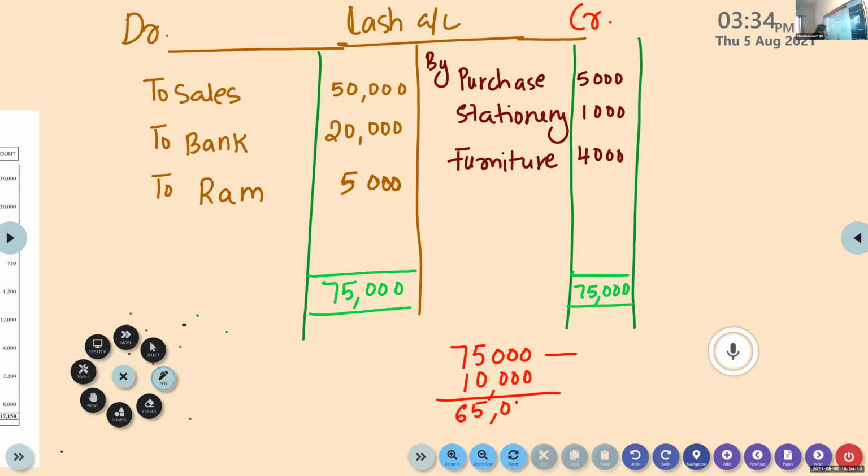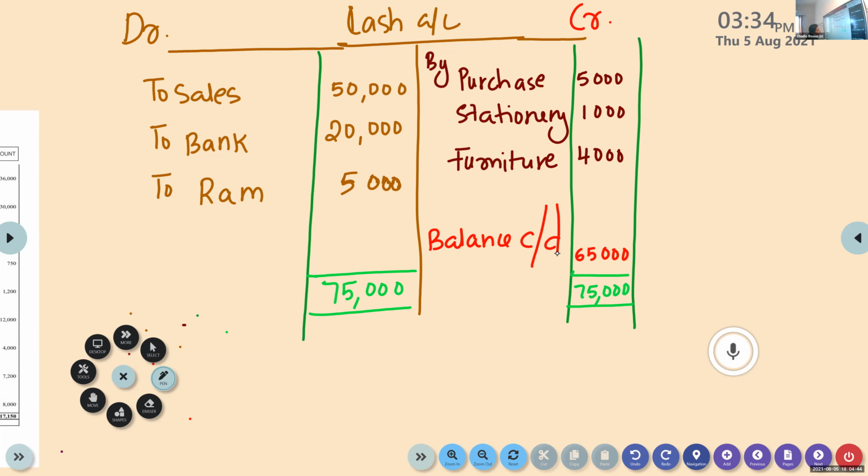65,000. So this difference amount, we will write it just above the total, 65,000. And what did I tell you to write in the particulars column? Balance carried down.